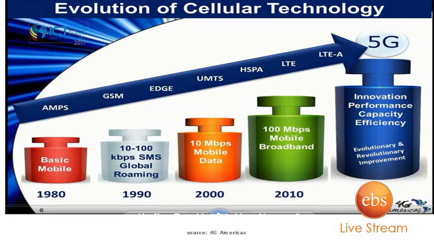So when you see GSM, you can see 10 up to 100 kbps, and when you move to 3G, it is 10 Mbps, and when you move to 4G, it is 100 Mbps. What is the speed that we are expecting in 5G now? The speed, exactly what we are looking at here, is more than 1 Gbps. 1 Gbps up to 10 Gbps is the speed we are expecting.